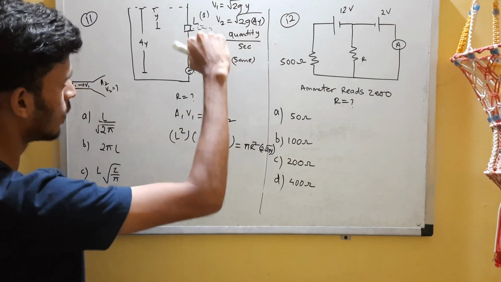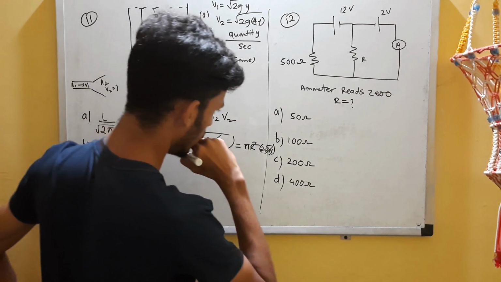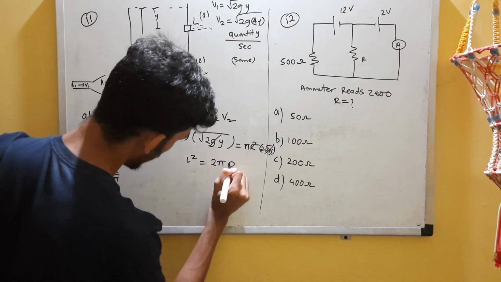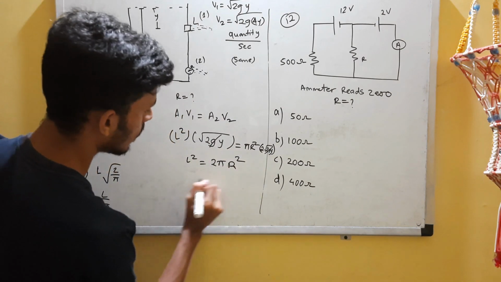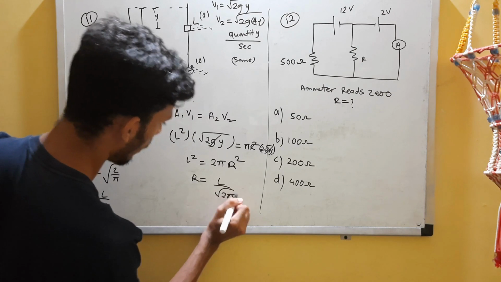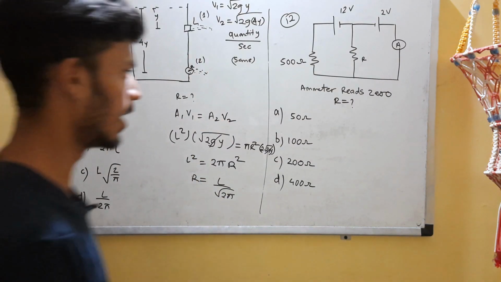Yes, 4 will come out as 2. So this and this can get cancelled. What are we left with? We are left with L square equals 2 pi r square. So we are supposed to find r. R will be nothing but L by under root 2 pi. So the correct choice over here is L by under root 2 pi.